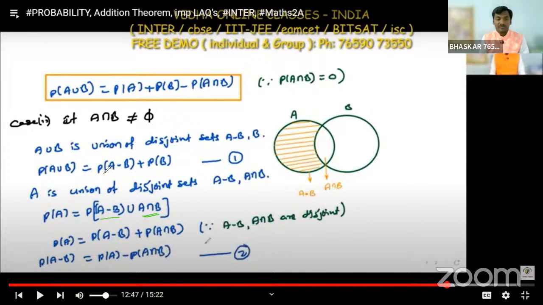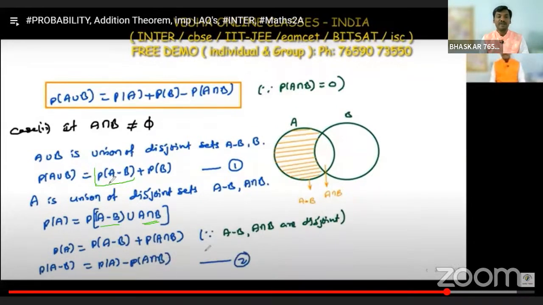Now we have to substitute the probability of A minus B value from equation 2, substituting equation 2 in place of probability of A minus B in equation 1. So if we substitute, what do we get here?